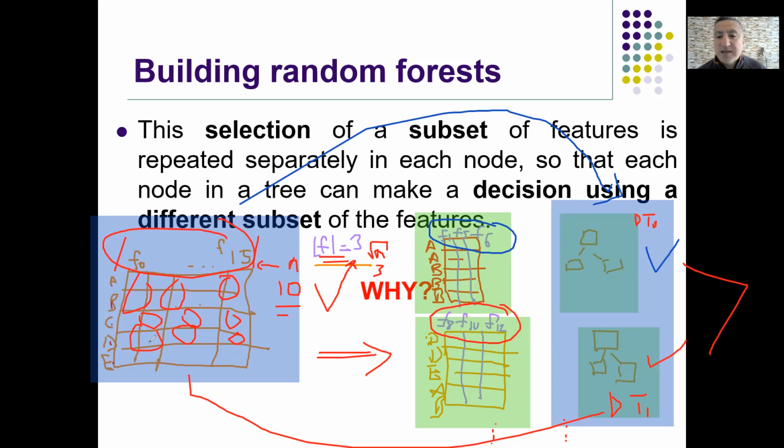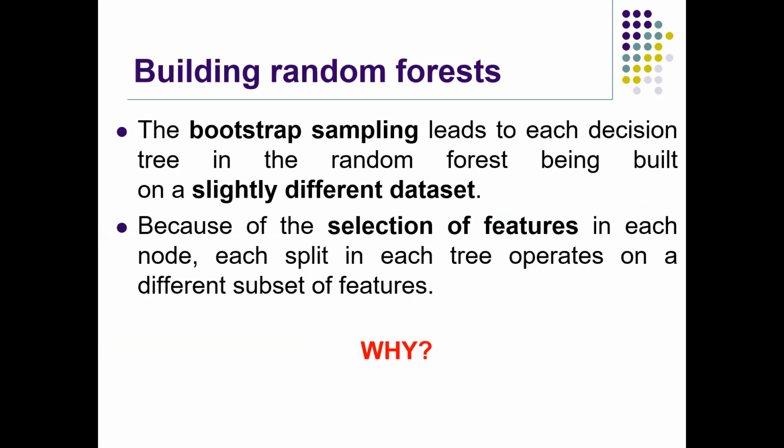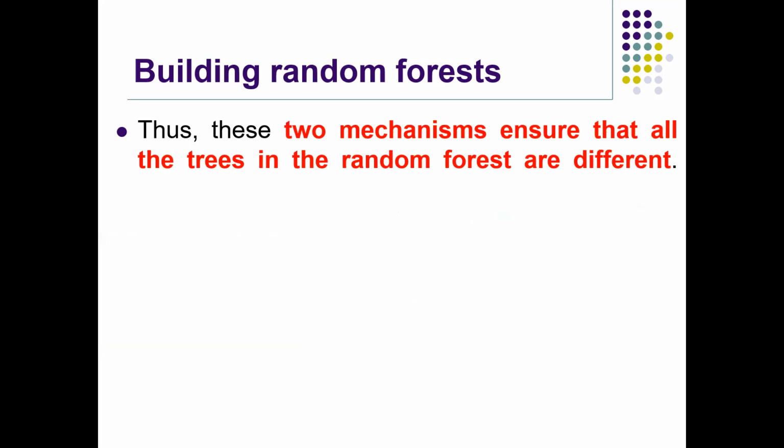Yes, that's the idea. Any questions? Okay, and the same idea works here. Why do we use bootstrap sampling or bootstrapping? Everybody understands, I believe. Yes, now the data samples are different, right?